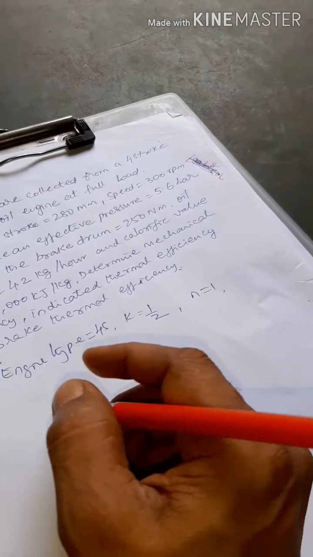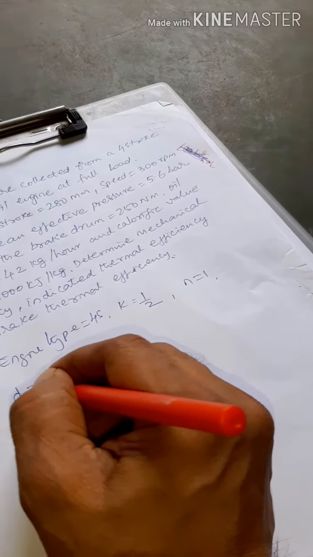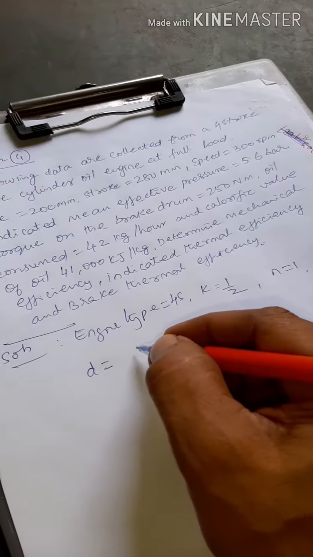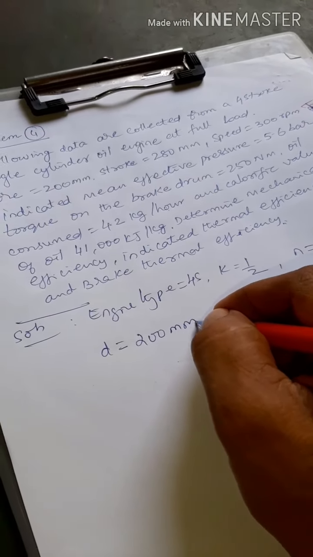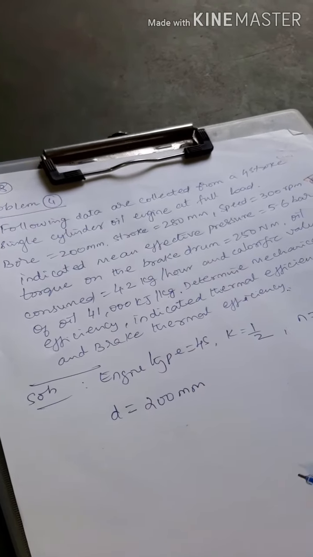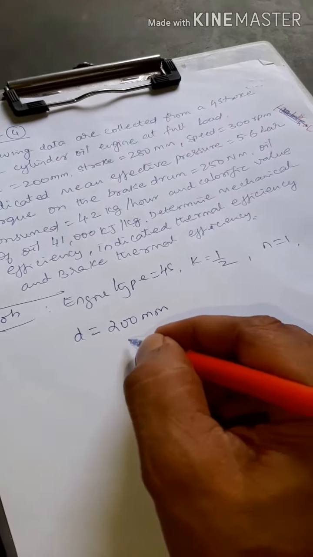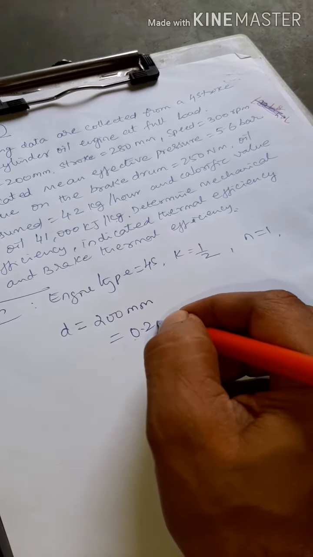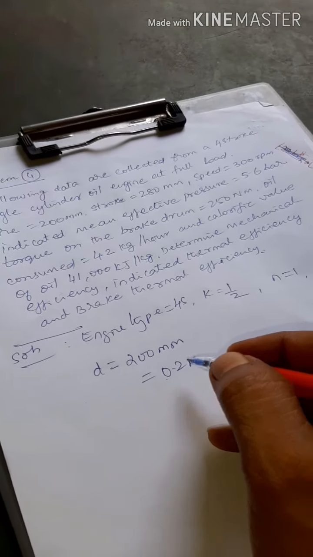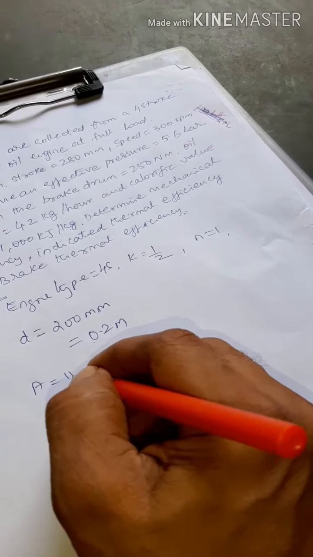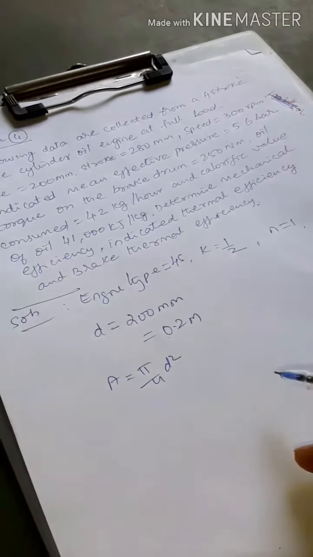Bore, small d, the cylinder diameter, how much is it given? 200 mm. 200 mm means how to make it in meter. So this is 0.2 meter. Therefore area is equal to pi by 4 d square.